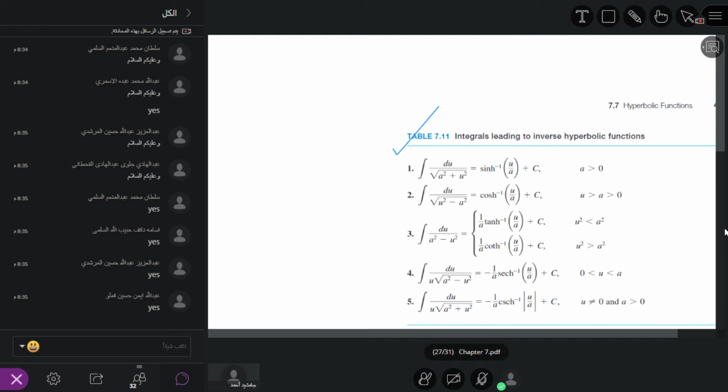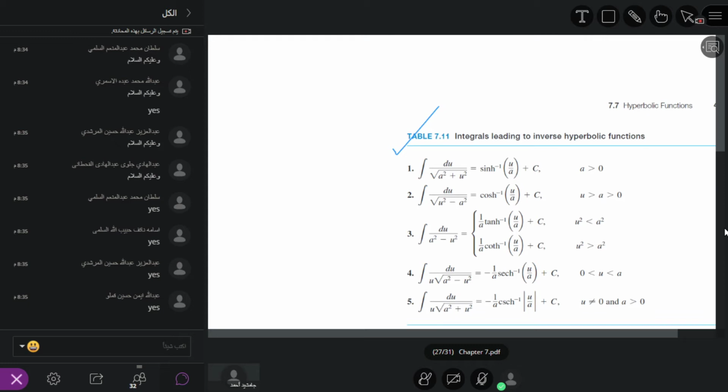In exercise 7.7, we are given sine hyperbolic x equal to minus 3 divided by 4.